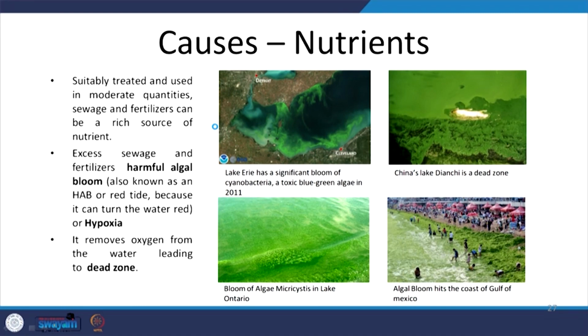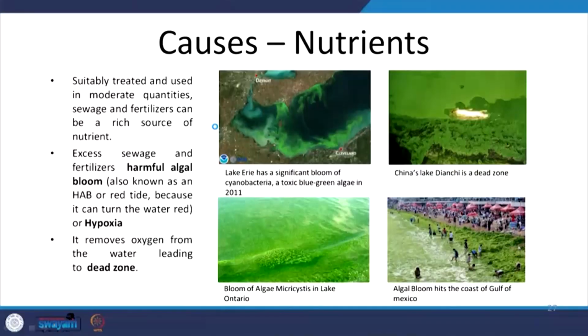These are some of the images where algae, not an alien invader, it belonged to the system, but it swelled in such proportions that it renders the entire water body hypoxic, and the water body eventually becomes a dead zone.